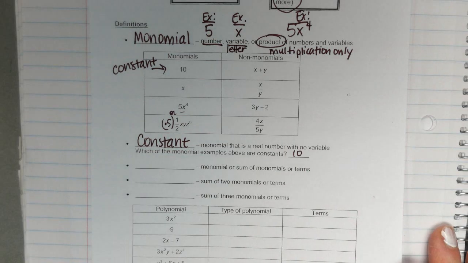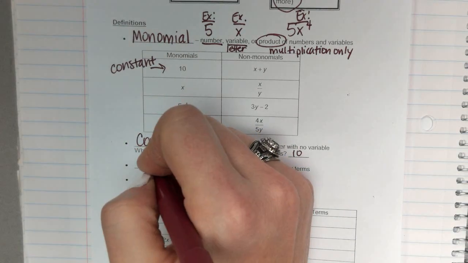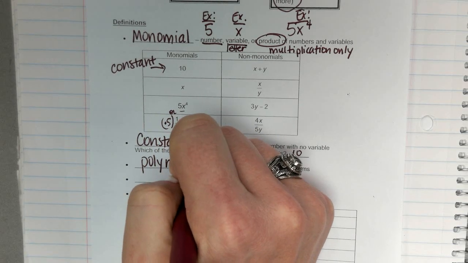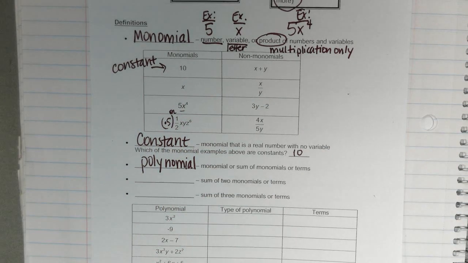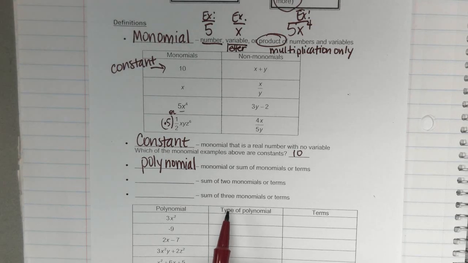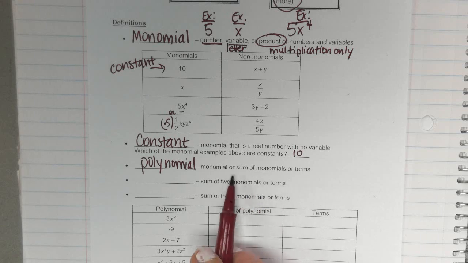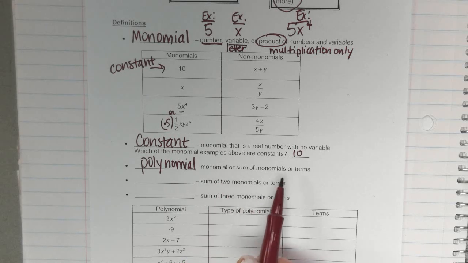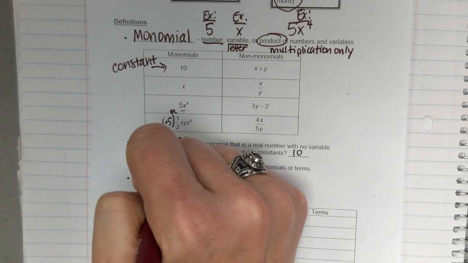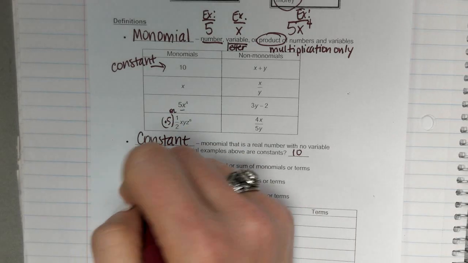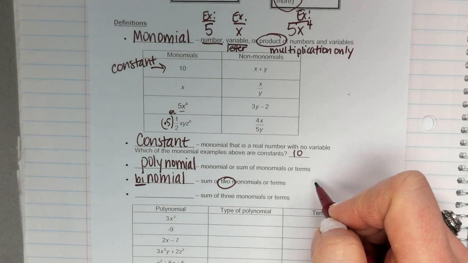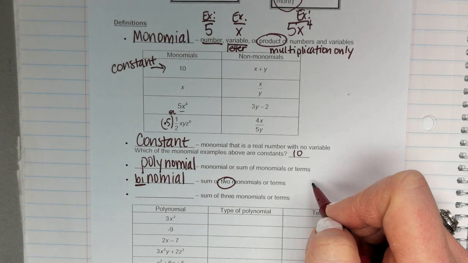Okay. A polynomial, where poly means more than one, is a monomial or a sum of monomial terms or numbers. A binomial, the word bi means two, like a bicycle has two wheels on it.